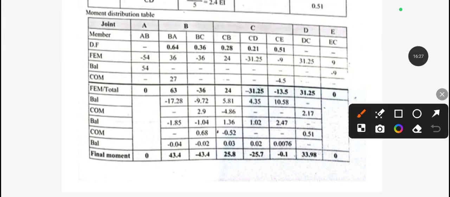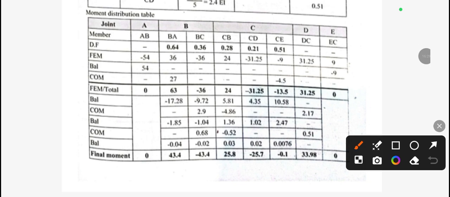Again we have to balance. As I said, for the balance, look here. After balancing these two hinge supports, they will not be considered in our remaining calculation. These two are now at rest. Now we need to do calculations only for these members. For BA and BC, we need to balance. As I said, for the balance we need to add all the members at any joint.